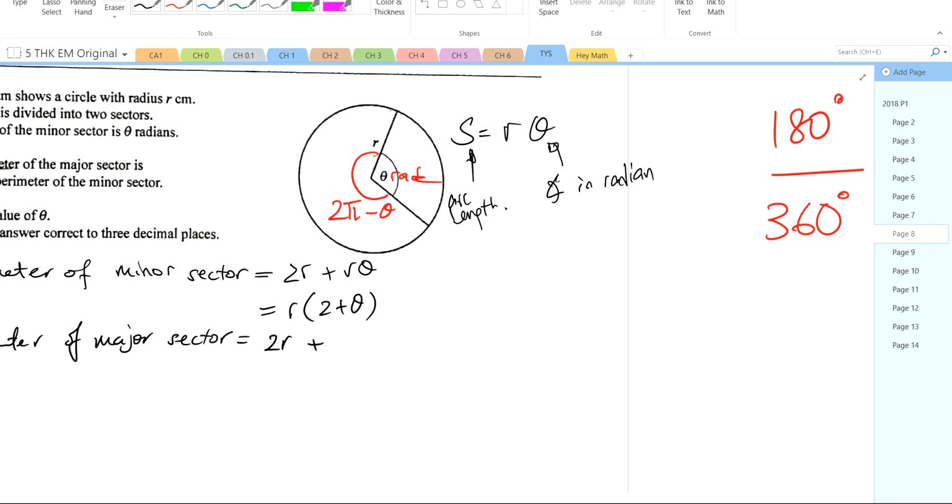Next must be the curved segment. So it is given by a formula which is plus 2 pi minus theta, r. Do you agree? Xin Hui? Agree? Okay, yes, it is correct.